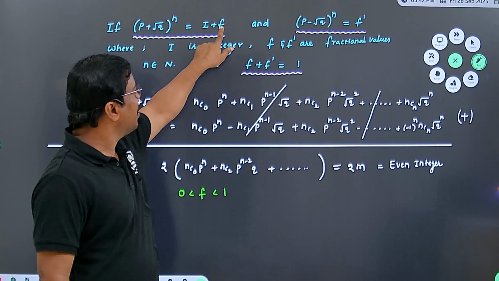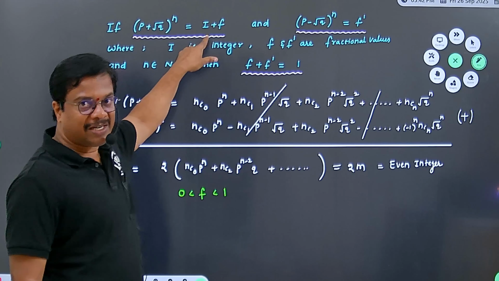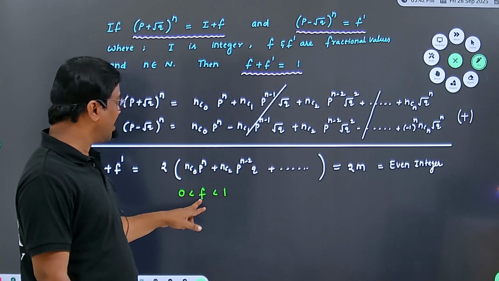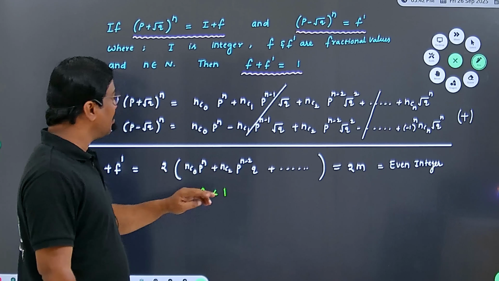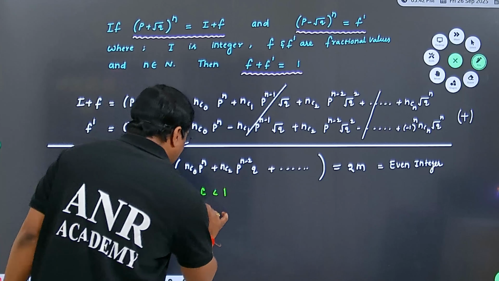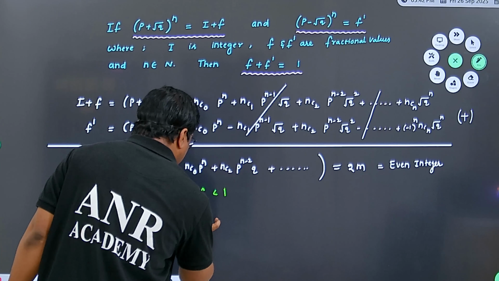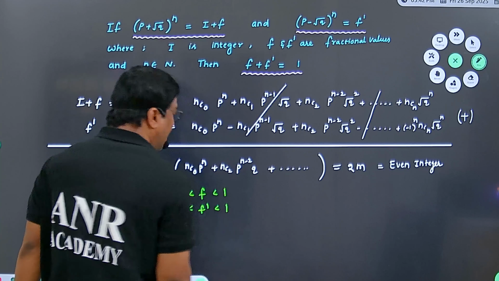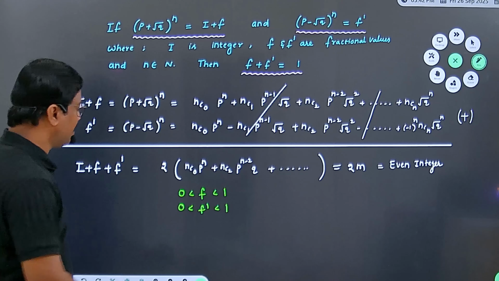If the fractional part is 0, then it is a pure integer quantity, but the fractional part here is non-zero, so f lies between 0 and 1, and also f dash, the fractional part, lies between 0 and 1 only.